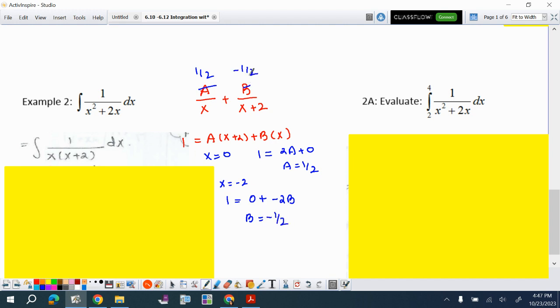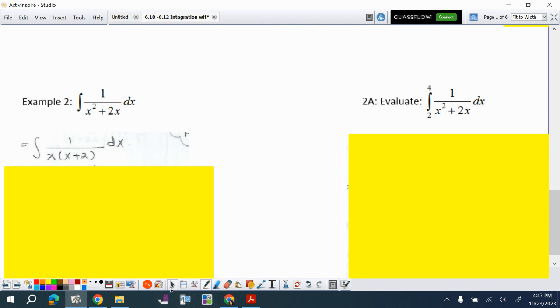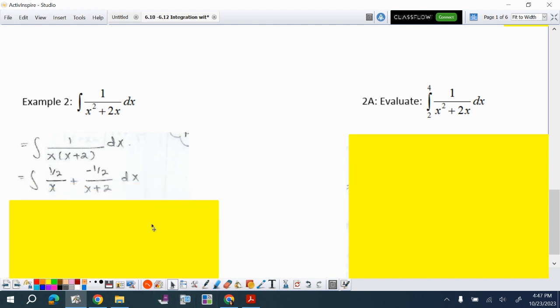So that is finding the value of a and b, which we learned in pre-calculus. Okay, so let's come back to this, and we found the value of a and b. The antiderivative of 1 over x is ln x, and the antiderivative of 1 over x plus 2 is ln x plus 2. So that's what we got here.